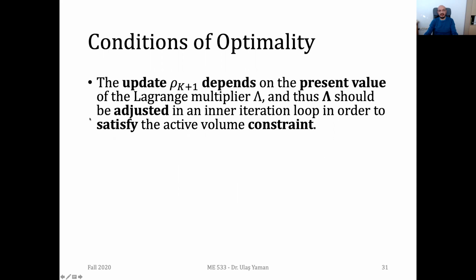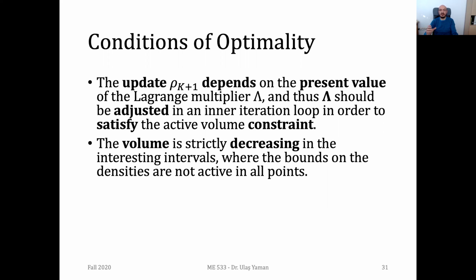So obviously, the density of the next design depends on the current density value and the Lagrange multiplier lambda. And again, it should be adjusted properly so that you come up with an optimum solution. At the beginning, the volume might be decreasing very much. It depends on which step you are on in this optimization.